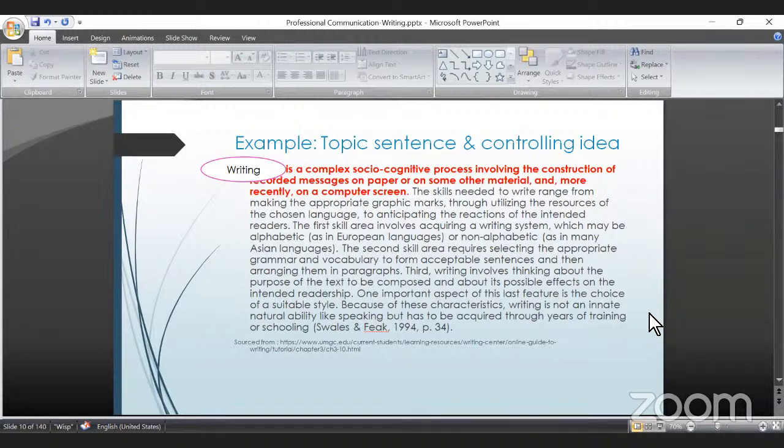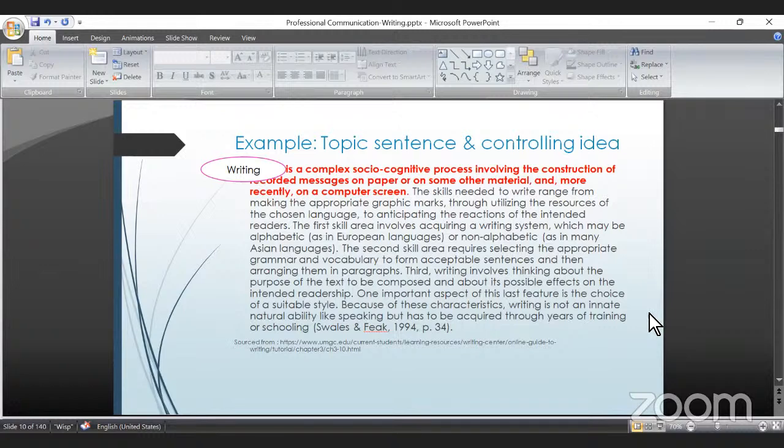It already says complex socio-cognitive process, which means in the remaining part of the paragraph, we are going to learn more about this process. How is it a complex socio-cognitive process, or something related to it, is what you're going to read in the further sentences.